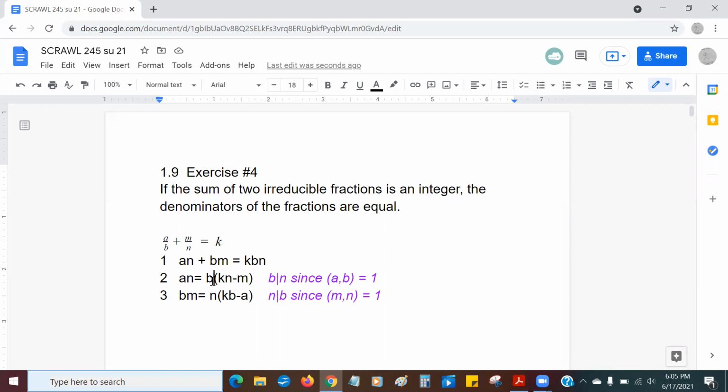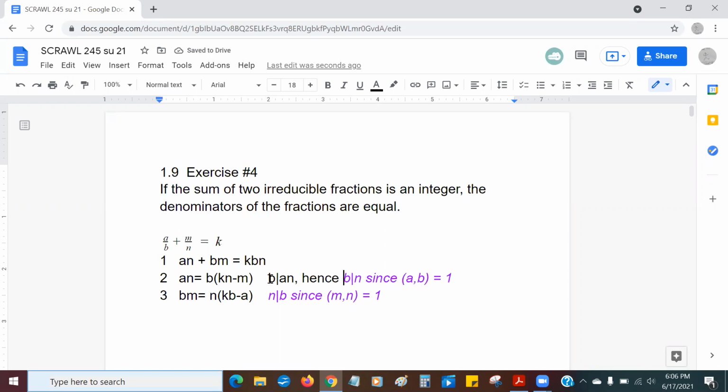So obviously, b divides the right hand side. So b divides an, hence b divides n.